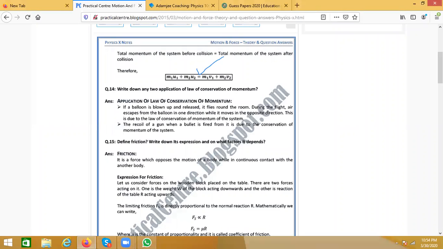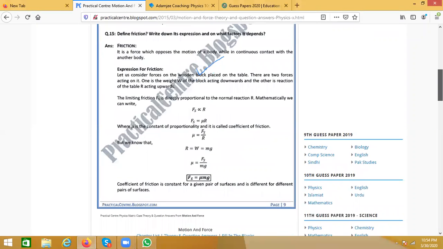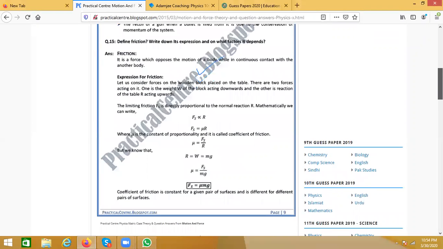So the friction is what basically? When two bodies are in contact with one another and they move against each other, this is known as friction, right? Or the force between the bodies which are moving against one another is known as friction. Fs is representing the static or limiting friction here.